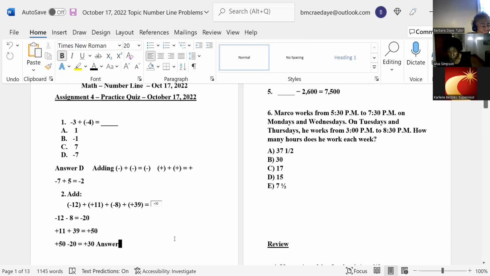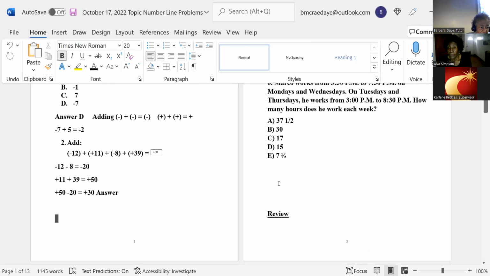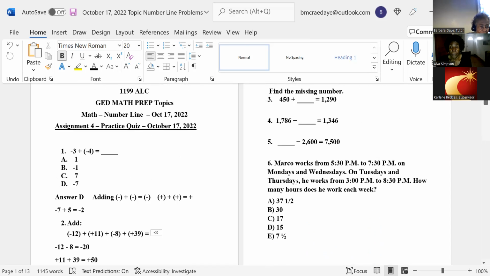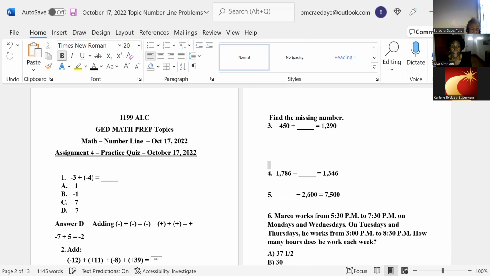Yes, Miss Barber. Okay, let's go to find the missing numbers. Michelle, are you with me? Yes. Okay, we want to find the missing number. In other words, 450 plus what number is equal to 1290? How would you find that, Michelle? Well, you can subtract 450 from 1290.